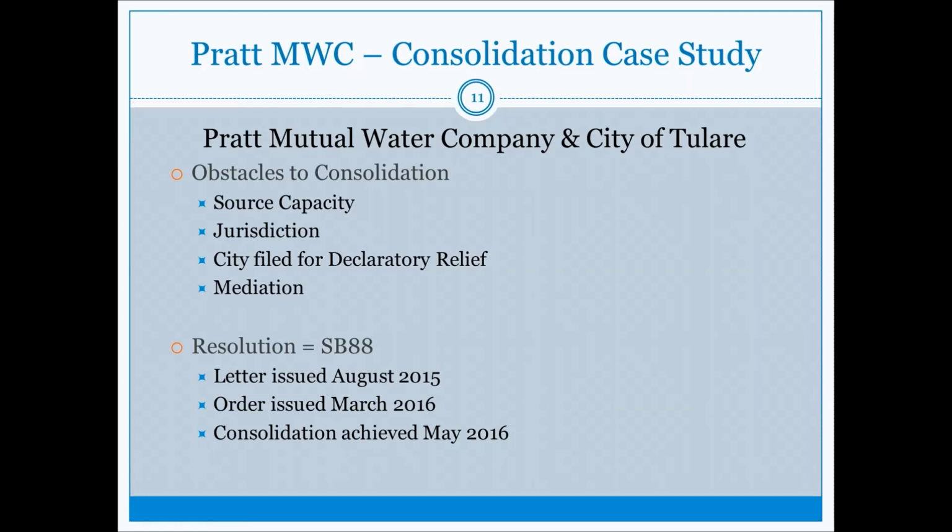And a jurisdictional issue which I touched on before, that Pratt Mutual Water Company is outside of the city limits of the city of Tulare, and so their argument was that their utilities employees and even their police and whatnot don't enjoy the same authority outside of city limits.